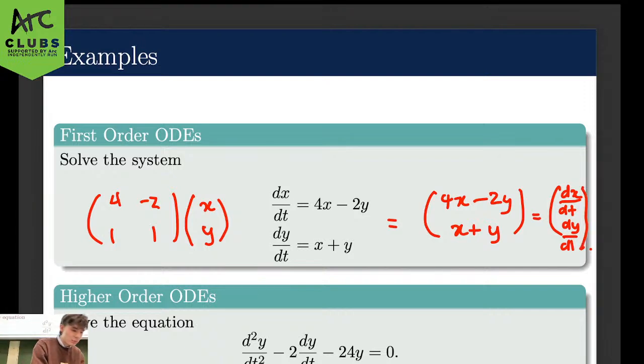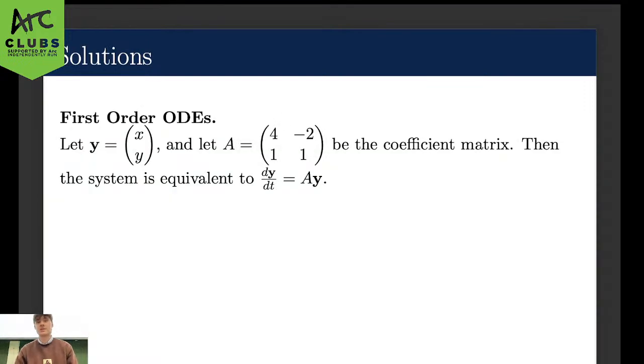So I can let a new vector y equal x, y, where x and y are our functions of t. And that means what we have is an equivalent system to our two differential equations. And that is dy/dt equals Ay, where A is equal to 4, negative 2, 1, 1, and is our coefficient matrix, and y, the vector y, is equal to x, y, with x and y being our two functions that we're interested in.